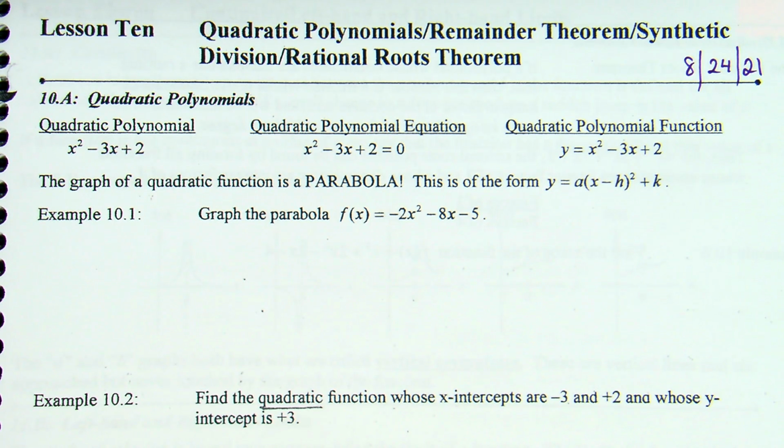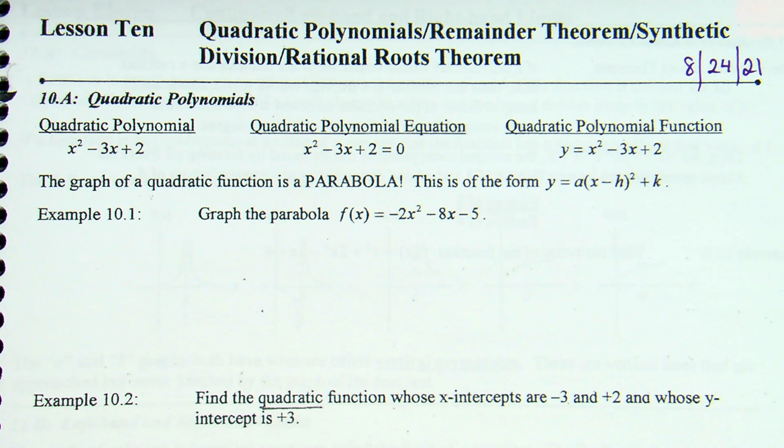Okay. So some vocabulary. Quadratic polynomials, if you look across there, it's basically the same expression, x squared minus 3x plus 2, but there's listed quadratic polynomials, quadratic polynomial equation, and quadratic polynomial function. So quadratic is because the highest degree is x to the second, okay? Polynomial, that is multiple terms being added or subtracted together, okay?